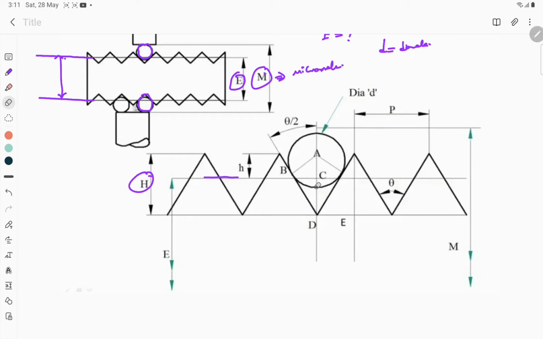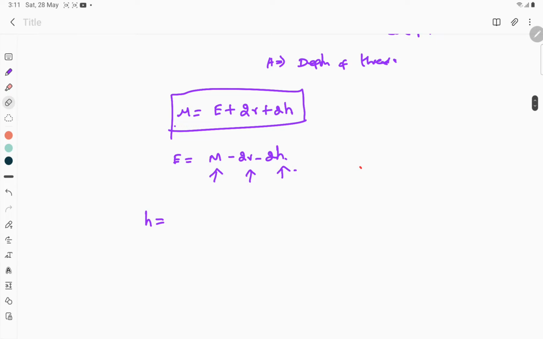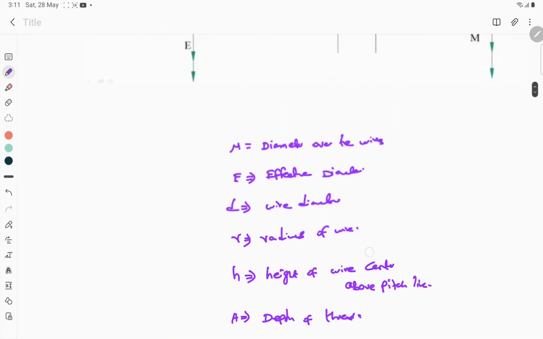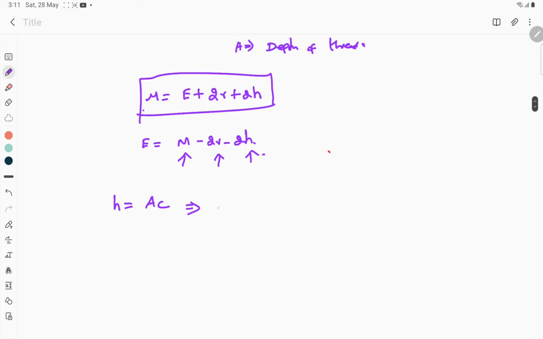AC can be written as AD minus CD. If you are able to find AD and CD, we can easily find h.